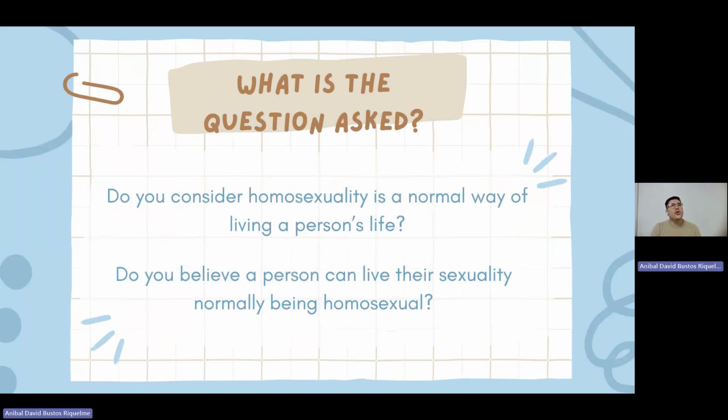Another example, different example, do you like tomatoes? Yes, I do. No, I don't. Do you live in Santiago? Yes, I do. No, I don't. Do you think democracy is important? Yes, I do. No, I don't.